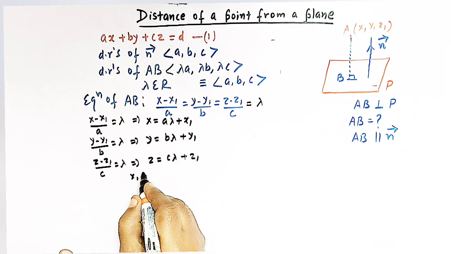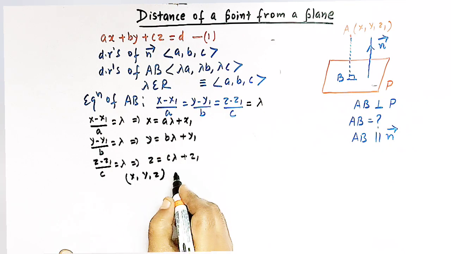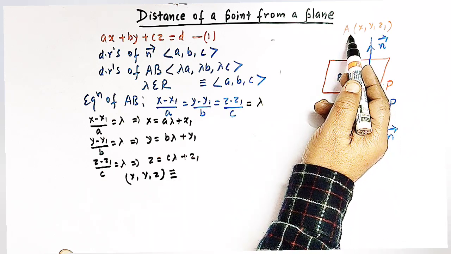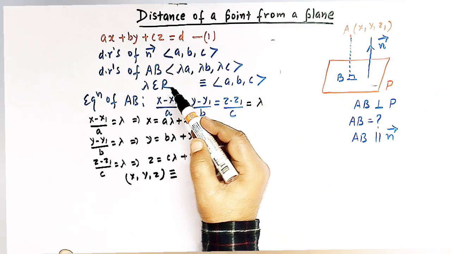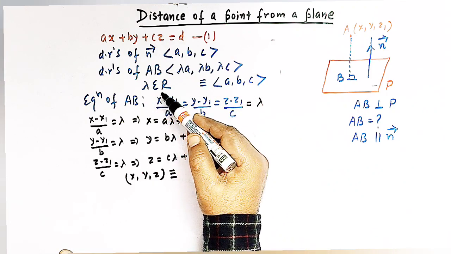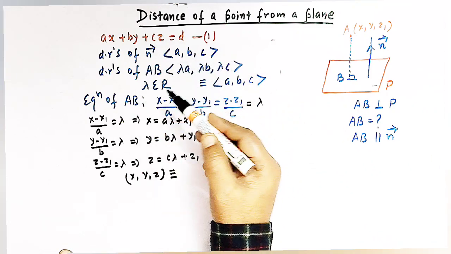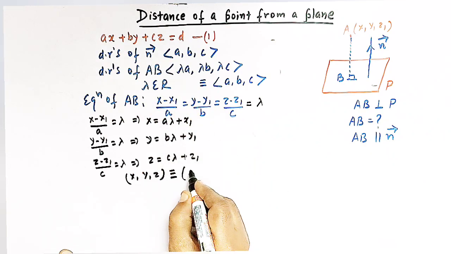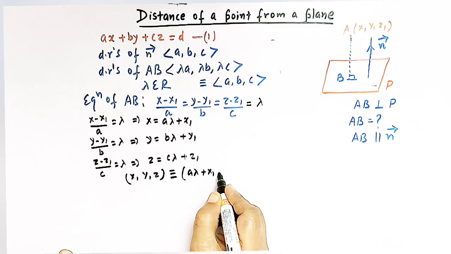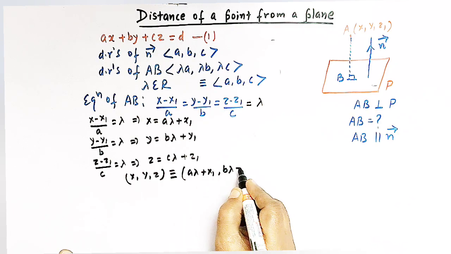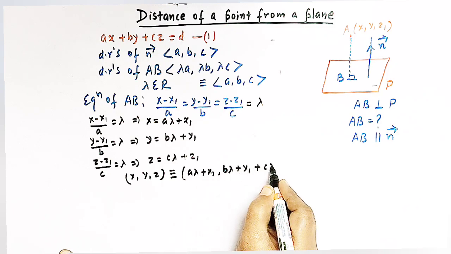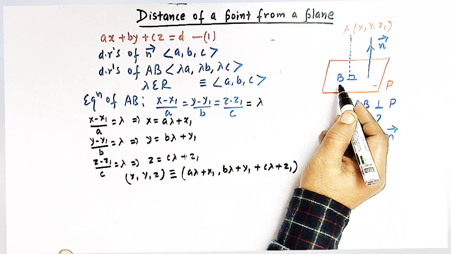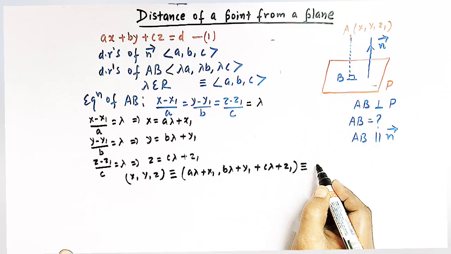So x, y, and z represent the coordinates of a general point lying on this line AB for some value of lambda, right? So for some particular value of lambda, this coordinate, that is a lambda plus x1, b lambda plus y1, c lambda plus z1, represents the coordinates of this point B, right?